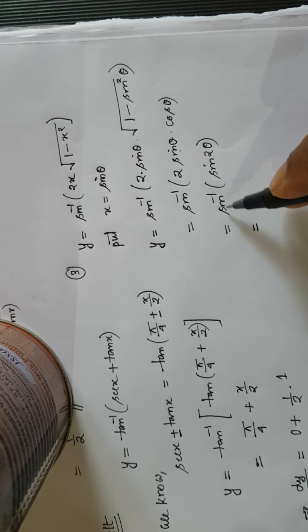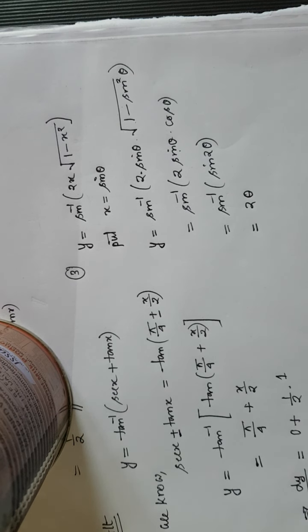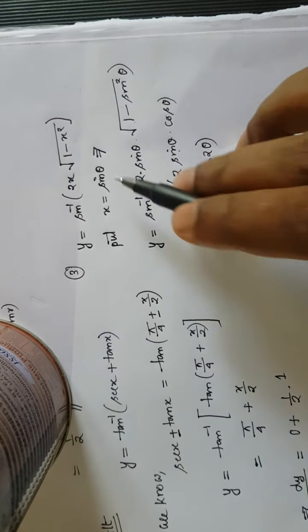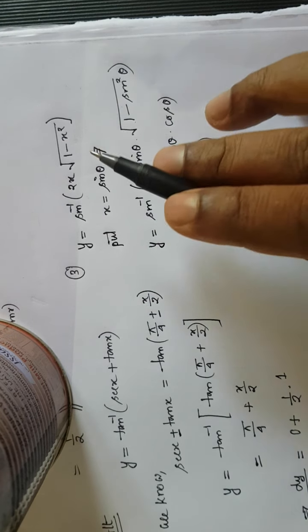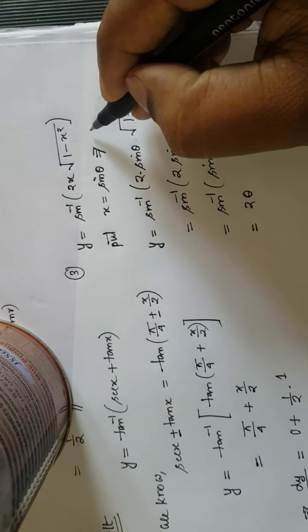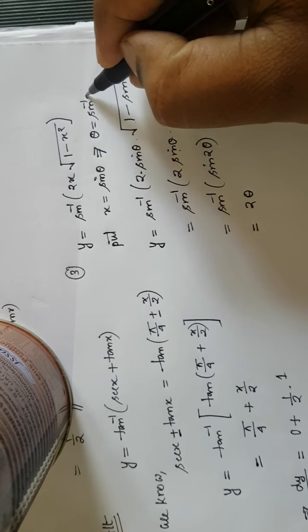Sine and sine inverse get cancelled. This is 2 theta. Now you can see sine theta is equal to x. You can write theta is equal to sine inverse of x.